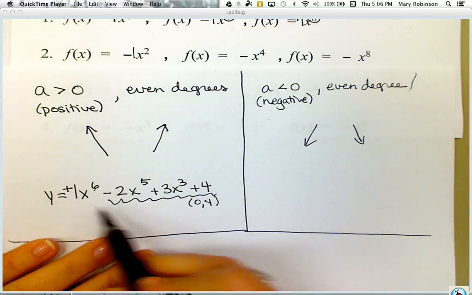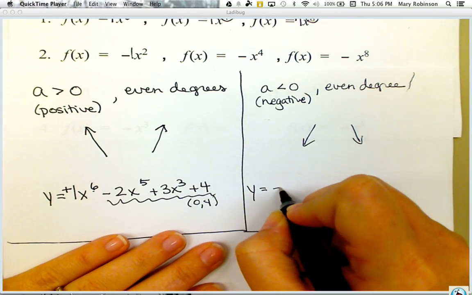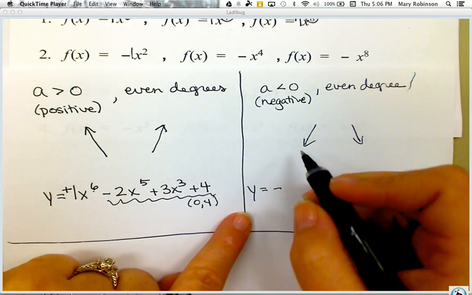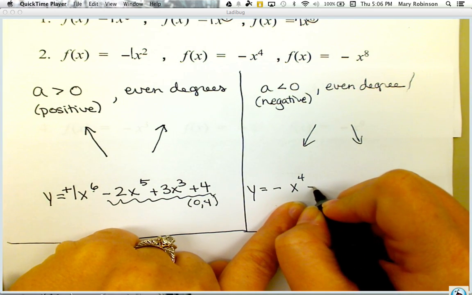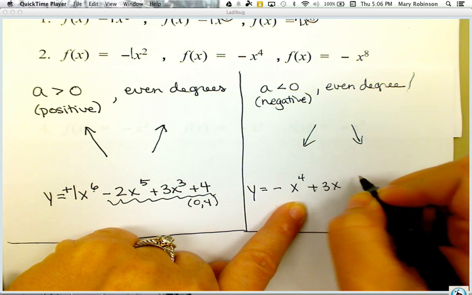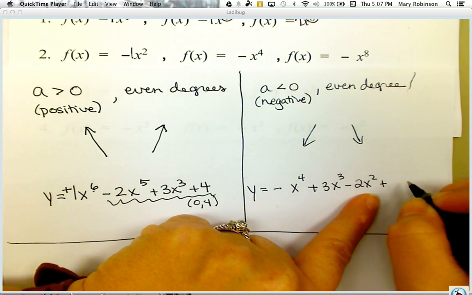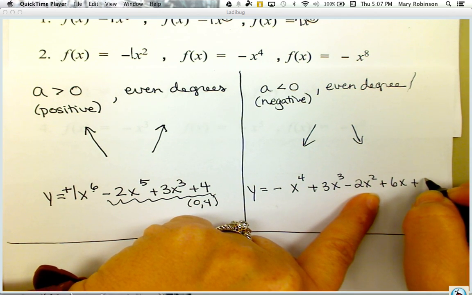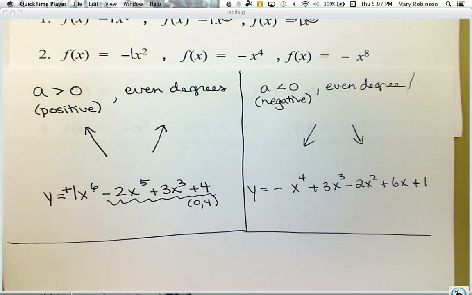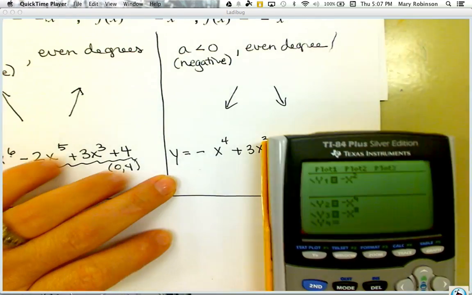So I could come up with a similar function. I'll just make something up here, but make it fit this criteria. If I have negative x to the 4th power, plus 3x cubed, minus 2x squared, I can make up whatever I want, plus 6x plus 1. If I type it in, I bet both of my ends of the function will go down. Let's see.